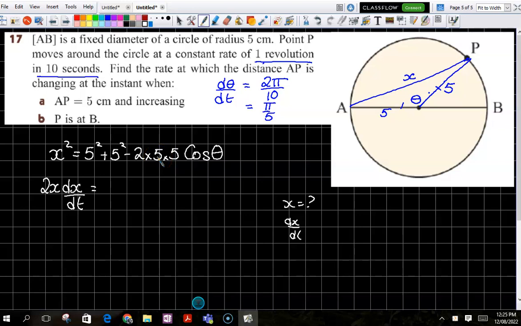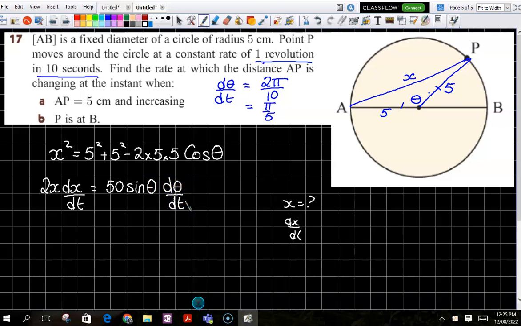What's the derivative of cos? I have to look at my rules, honestly. The derivative of cos is minus sine, so the minuses will cancel. So I get 50 sine theta.